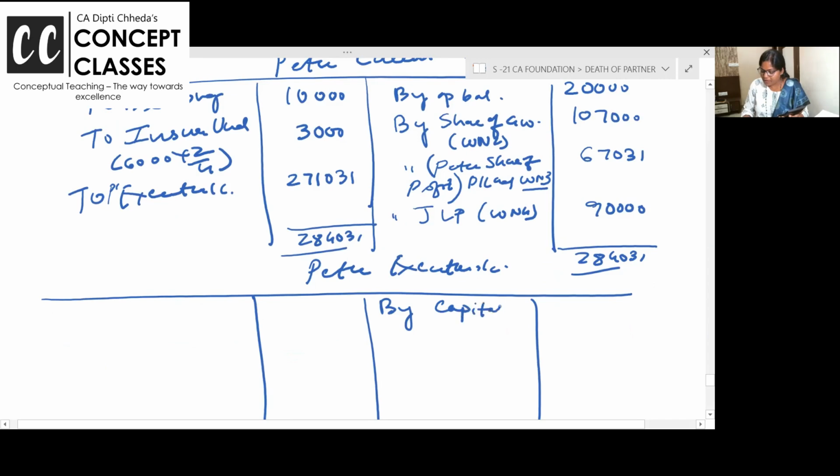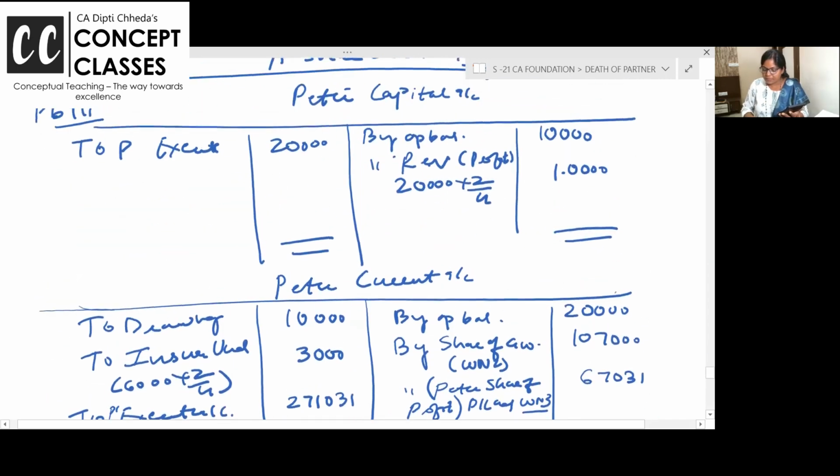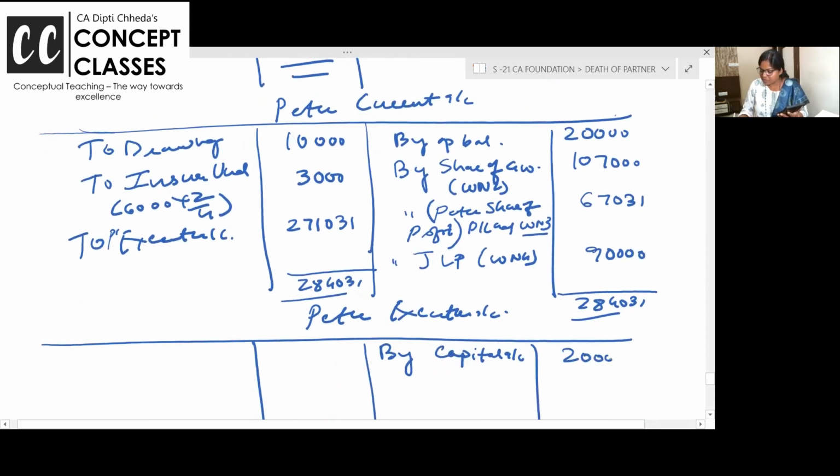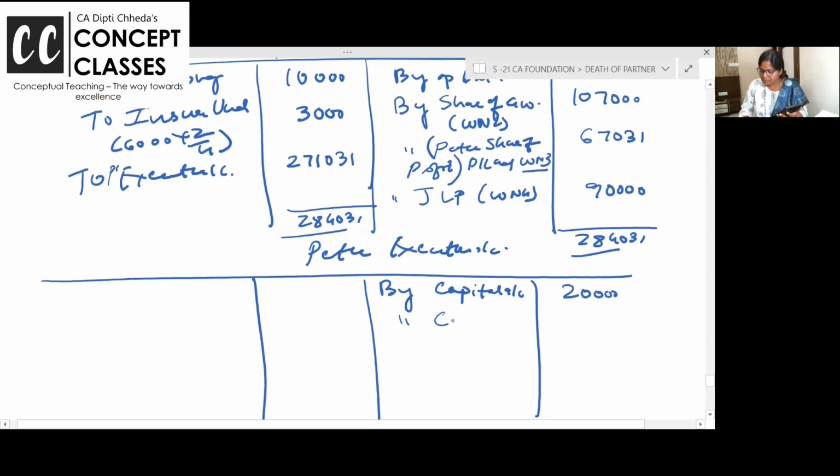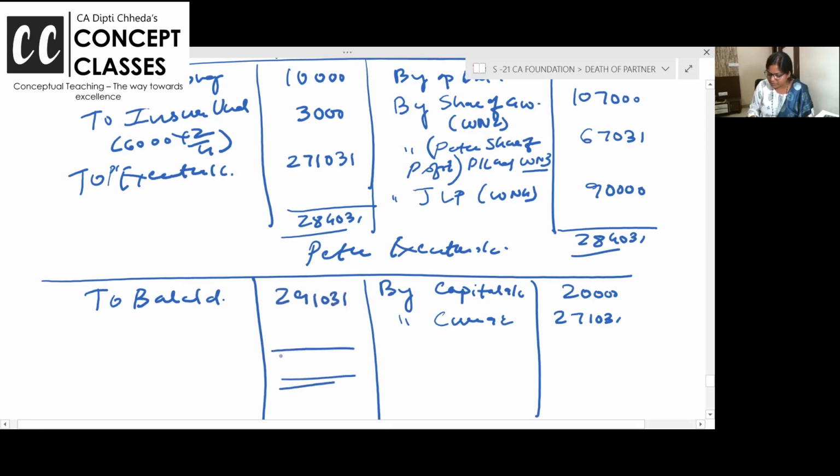By capital account 20,000. By current account 271,031. This is what you have to pay to his executors. An executor's balance can be transferred to loan account or it can be carried forward here also. 291,031.